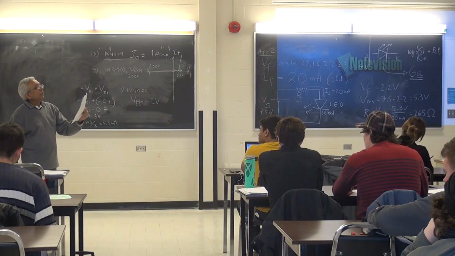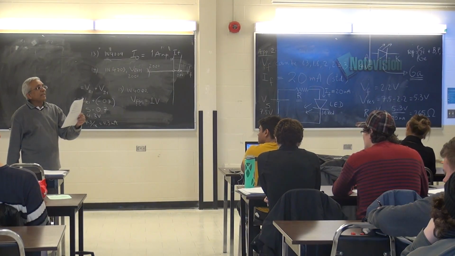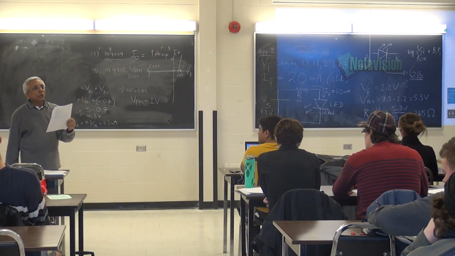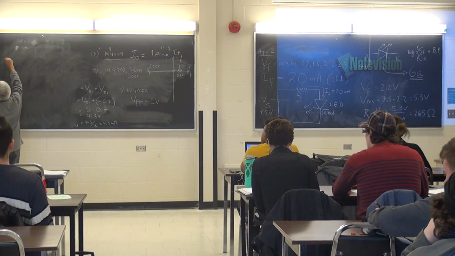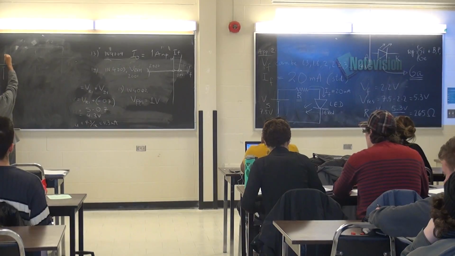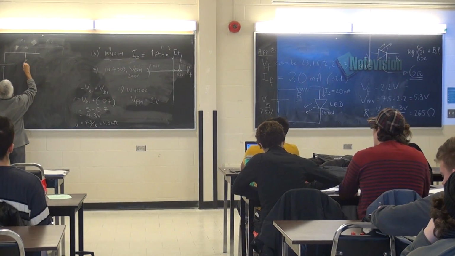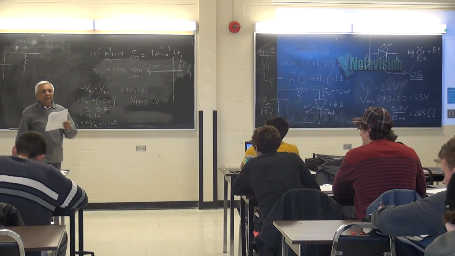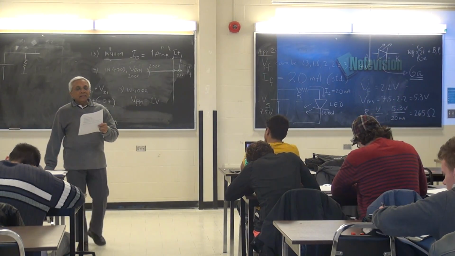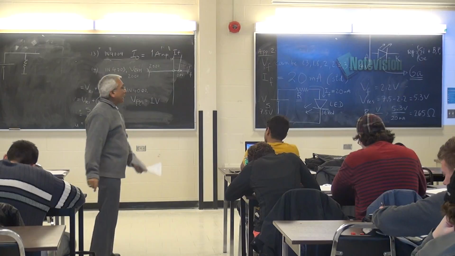So, number 3 says a warning light is made up of 2 parallel connections. So this is my circuit. And each parallel connection is made up of 3 super efficient red lights.